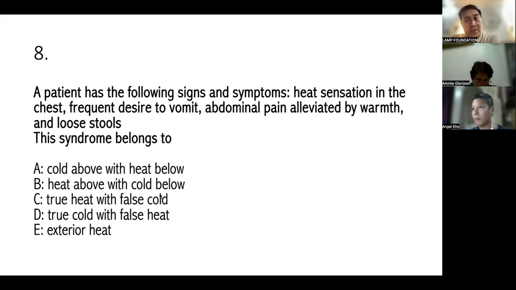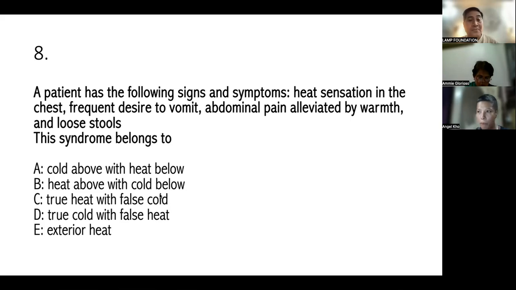Okay, ano ba ibig sabihin ng above? Yan yung upper burner, ha? Yes po, Doc. Lower burner, yung below. Mapapansin nga natin dito, Doc, na yung chest niya is may heat sensation. Tapos doon naman sa cold below, syempre may abdominal pain siya na alleviated by warmth and loose stools. So it's heat above with cold below po, Doc.